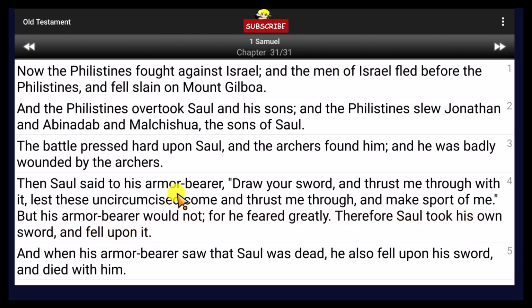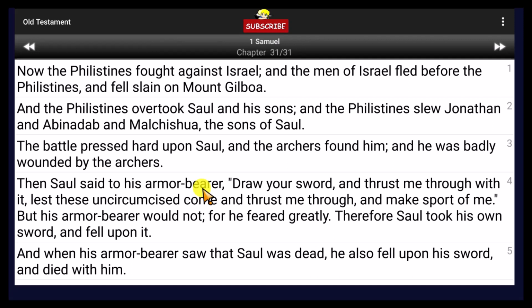So Saul realized that he was badly wounded, and so he called his armor bearer, the one who carries his war tools, and he asked the armor bearer to kill him, to just cut the suffering. But his armor bearer decided not to do so because he feared.